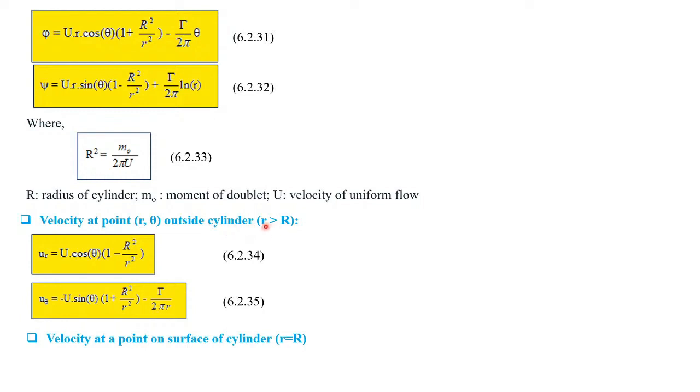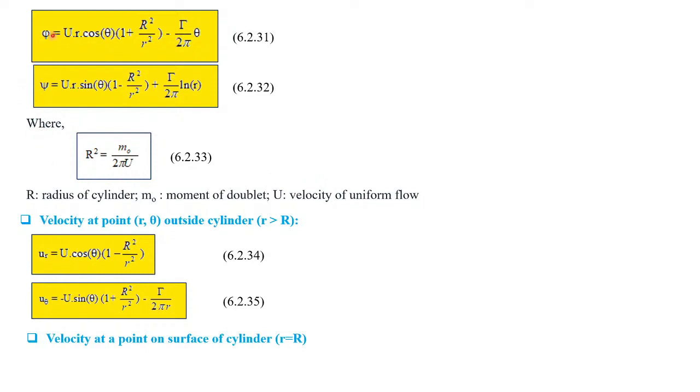That means small r greater than capital R, a point outside of the cylinder. So you can use the relationship between phi, psi and the velocities UR and U theta.